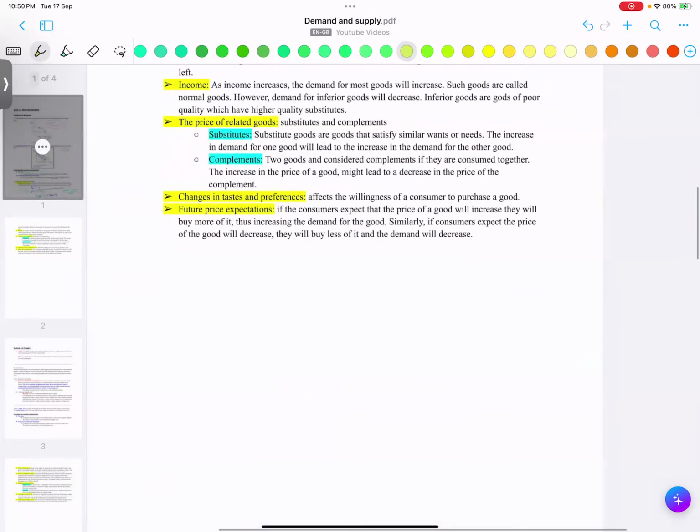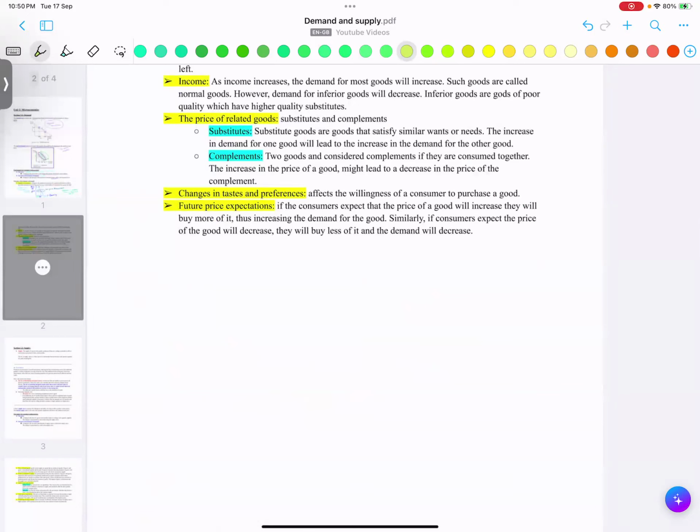Now we have income. So let's focus on that. So as income increases, the demand for most goods will increase, okay? So most goods, we mean normal goods, such as, let's say, cars, clothing, right?